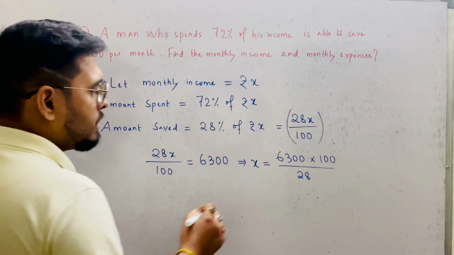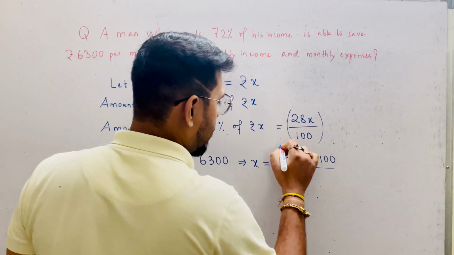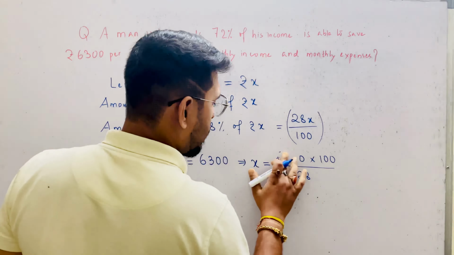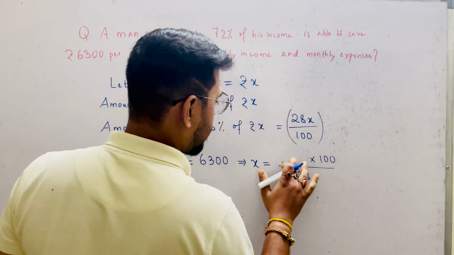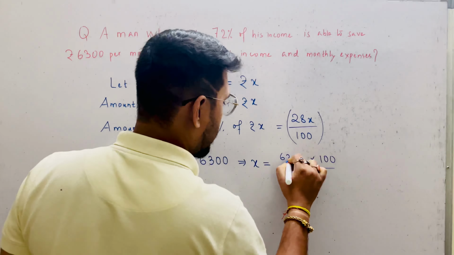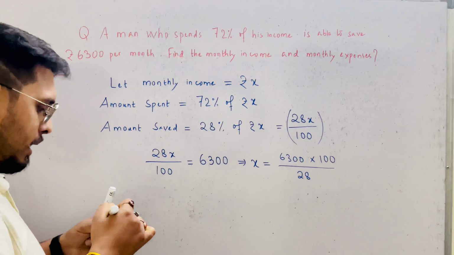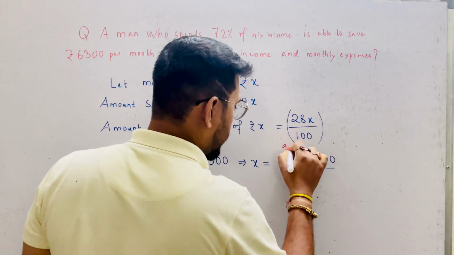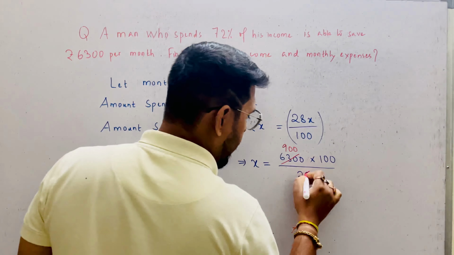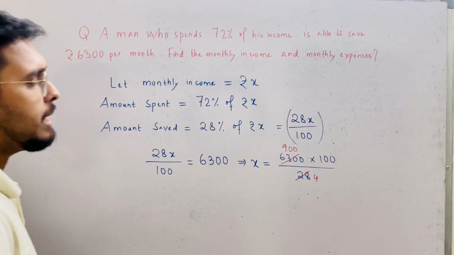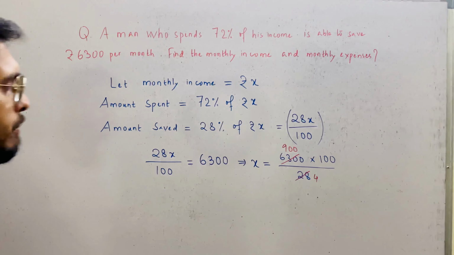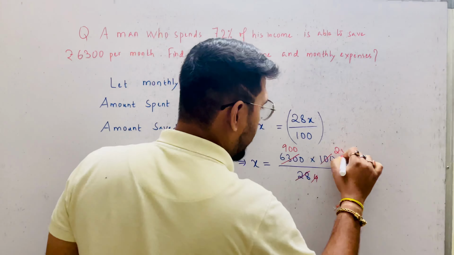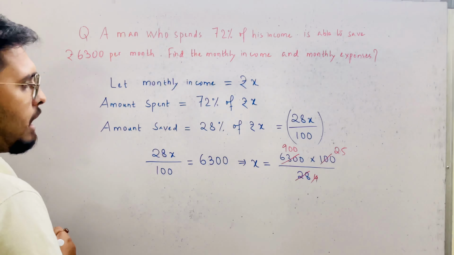So 7 times 9 is 63. So it will become 900. 7 times 4 is 28. 4 times 25 is 100.